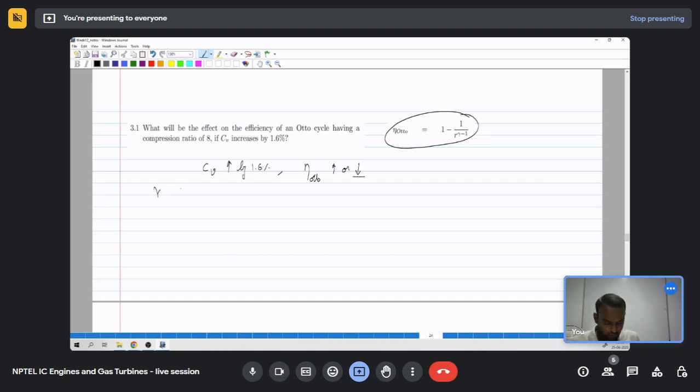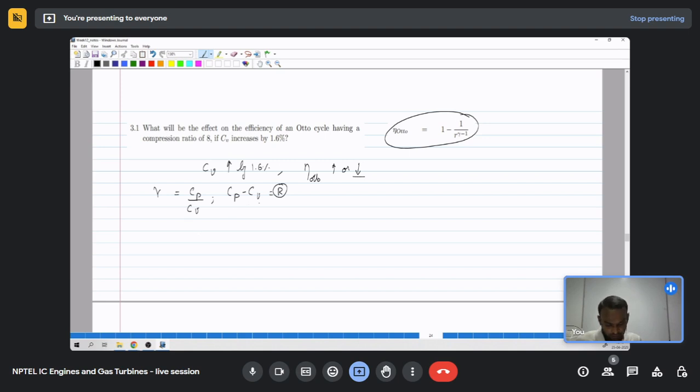Gamma is Cp by Cv, and Cp minus Cv is R. R is a constant for a particular gas or molecule, and Cp and Cv depend on the value of R. So they are interdependent. Cp depends on Cv and R, and the other way. Now we want only the expression between Cv and gamma.